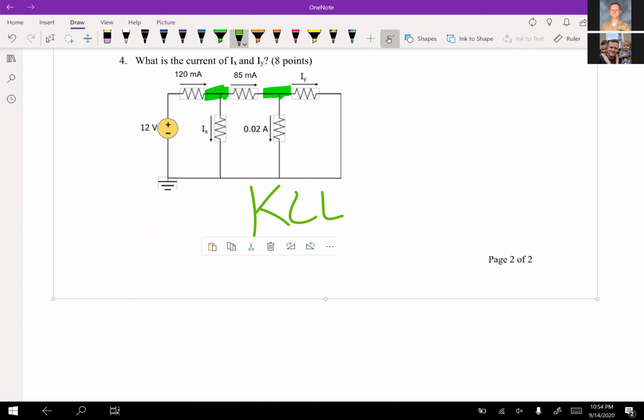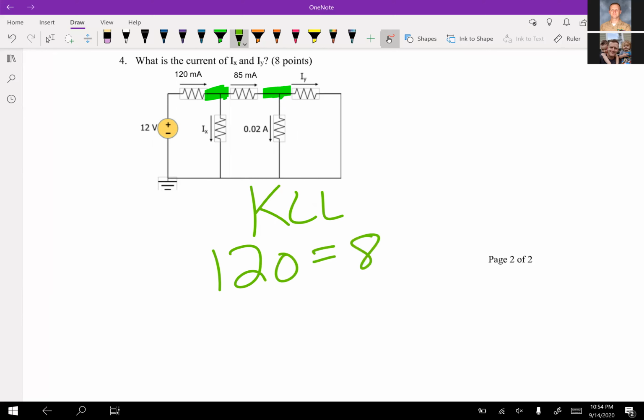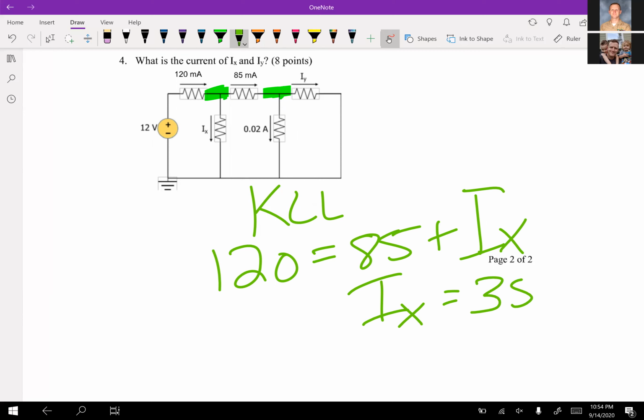For the first one, 120 equals 85 plus IX. IX comes out to 35 milliamps.